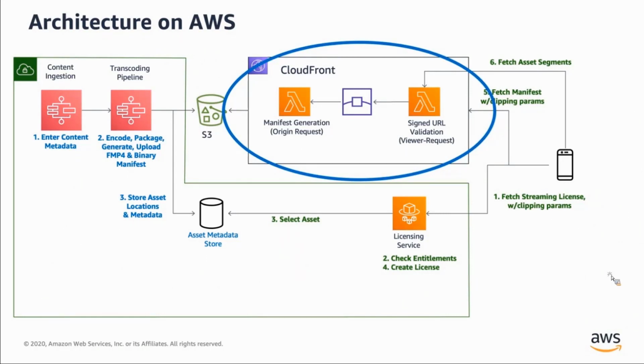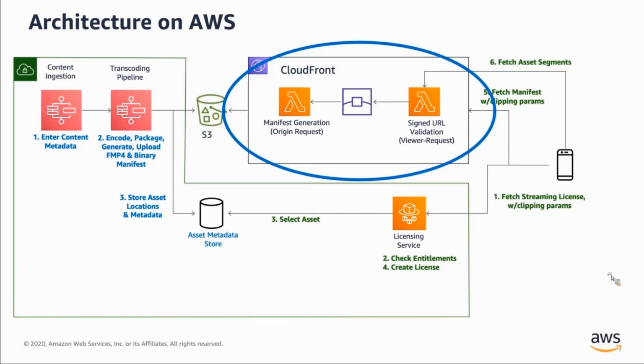The good thing is that once you've generated these manifests, as long as the path and any query parameters match up, we could reuse the manifest. And so an origin request Lambda@Edge function fit this use case well. Next, we also implemented a custom auth scheme to protect all of our streams, and a viewer request Lambda@Edge function fit that use case really well.